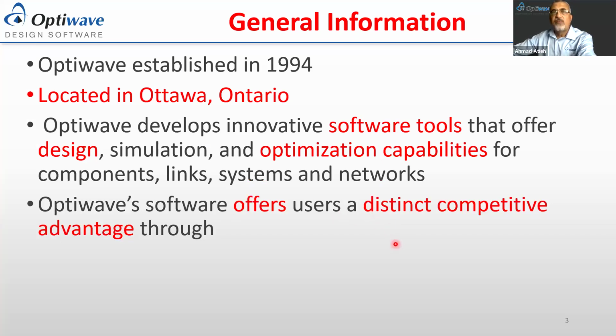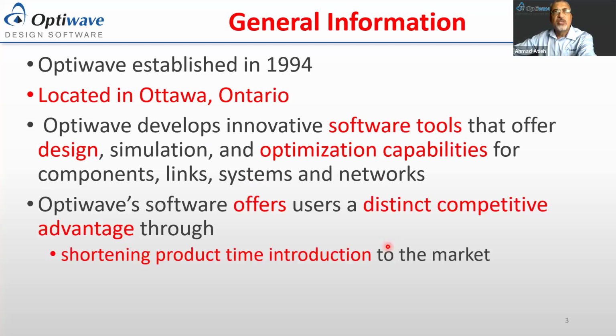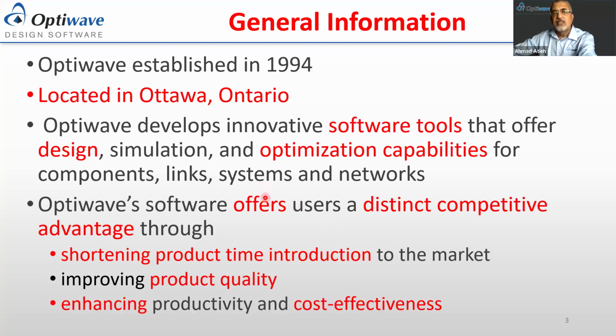The software can offer users a distinctive competitive advantage by shortening the product introduction time. When you do the simulation using the software packages, it helps you speed up the time to market. It also improves quality, as you can investigate different cases which cannot be done through the product, as well as enhancing productivity and cost effectiveness.